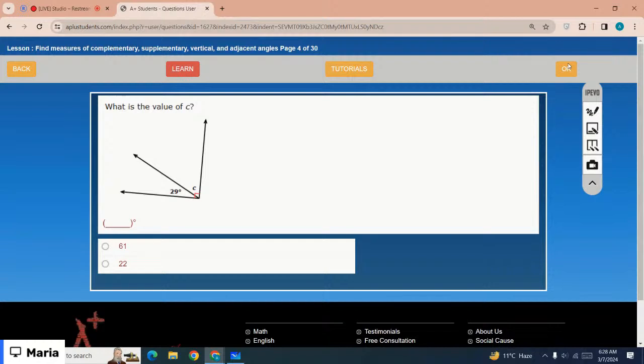What is the value of angle C? Yes, the correct option is 61 degrees. Option number 1 is the correct option.